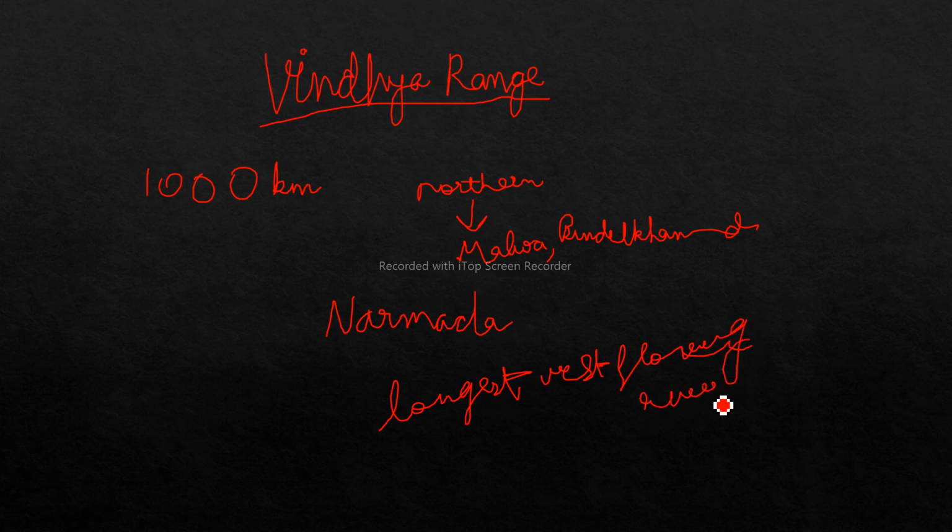Okay, so this is the longest west flowing river, that is Narmada. It is flowing between the Vindhya range and the Satpura range. We all know this. First here is the Vindhya range, and then there is the Satpura range, and Narmada is flowing between the two. This is how it is flowing.